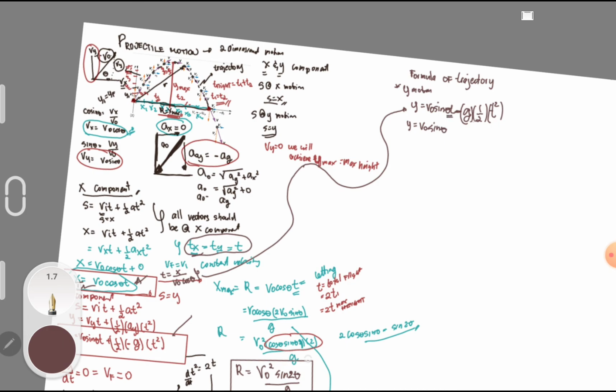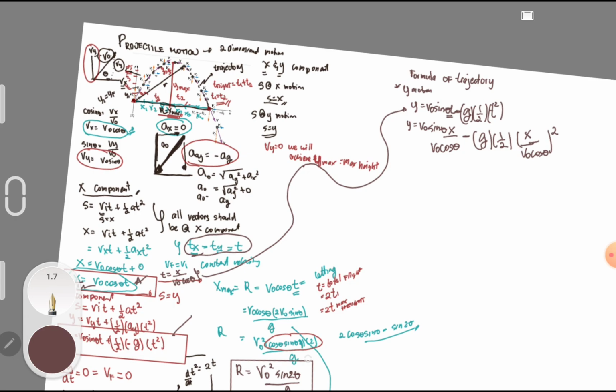So yung t natin, which is equal to x all over VO cosine theta, less our g multiplied by 1/2 multiplied by our t, which is equal to x all over our VO cosine theta squared. Okay?